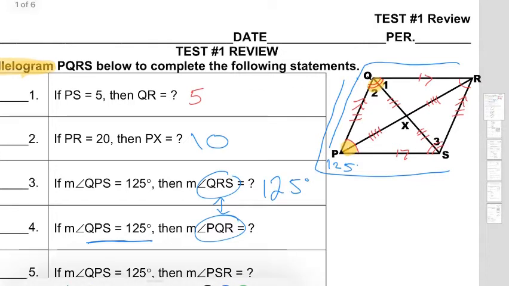Supplementary means that they add up to 180. Since I know one of the angles is 125, I simply have to subtract 125 from 180 to give me the missing angle, which gives me a measurement of 55 degrees.